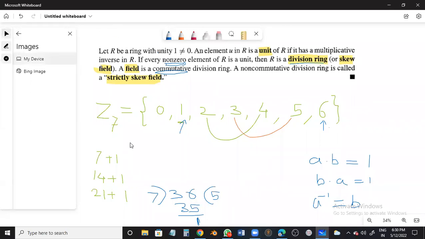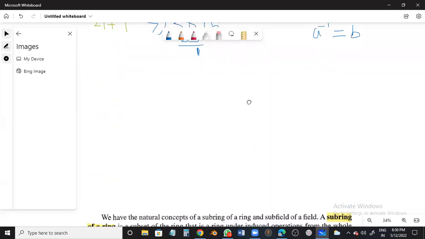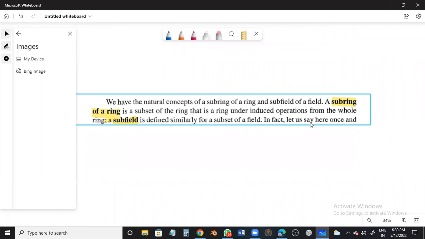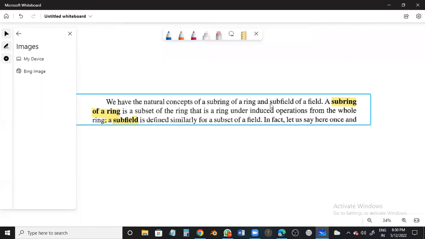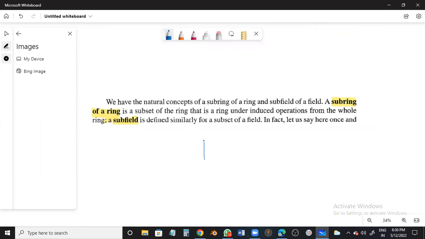Now, I move a bit ahead and define what is meant by subring and what is meant by subfield. Whenever we say sub, the same kind of structure is there. If R is a ring, and R dash is a subset of R, and R dash satisfies all the conditions required to be a ring, then because it is contained in R, we call it a subring.